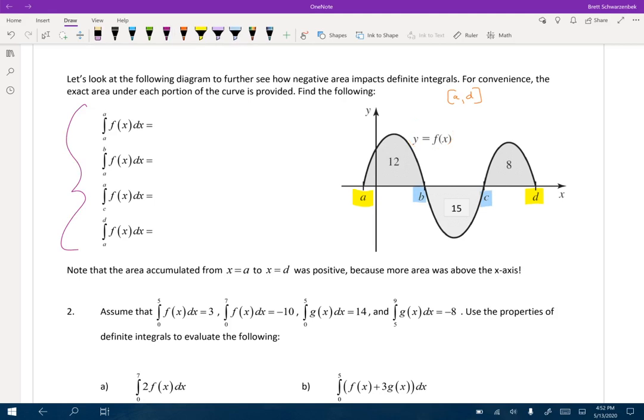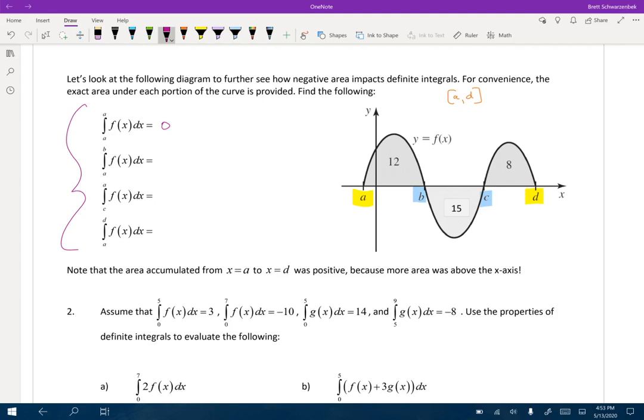So let's say I was asking for the area under the curve from A to A of f of x dx. Well, again, anytime you go from A to itself under a curve, or any number to itself, you always have an area of 0. What about if you want to go from A to B? That's going to be essentially the area under the curve.